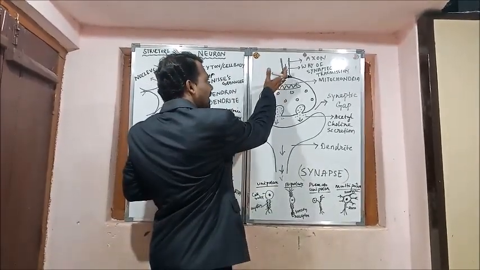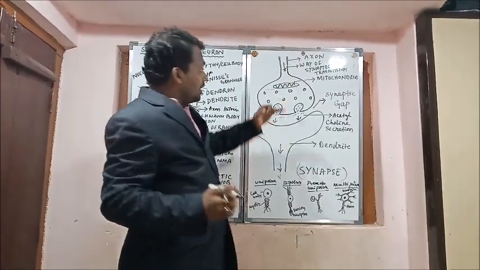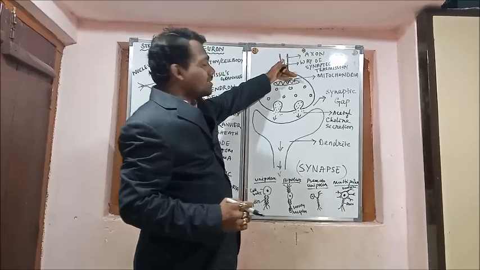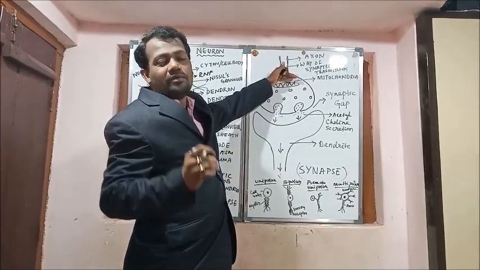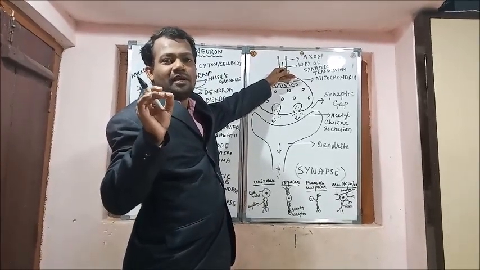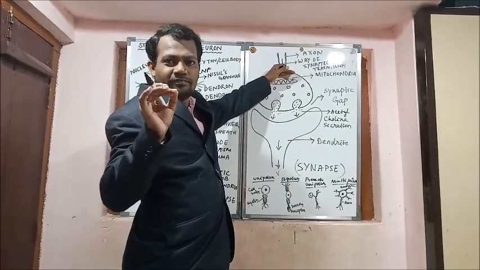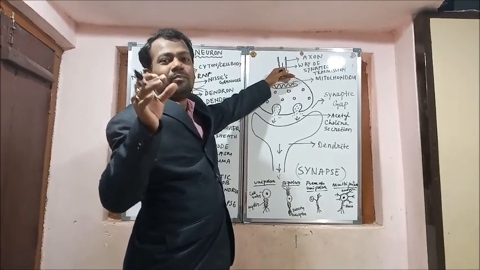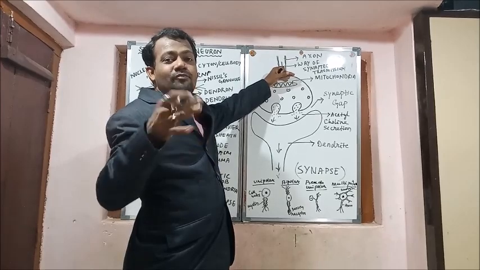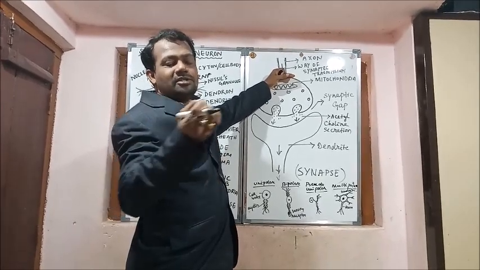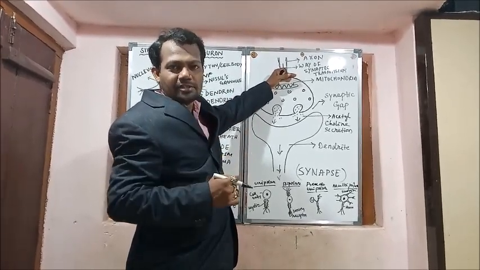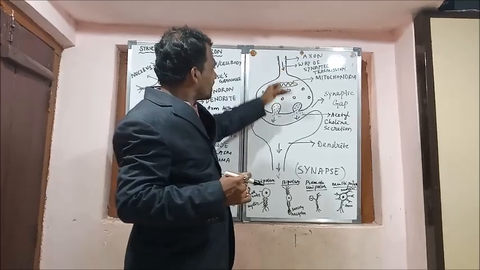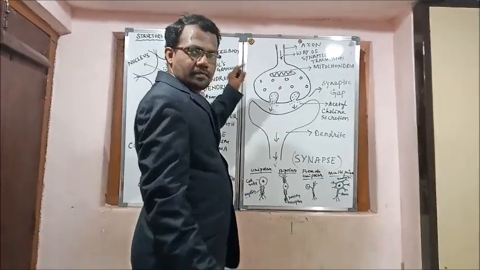Now, at the end of this, the mitochondria is here, and we know mitochondria is the structural and functional unit of energy. As you can say, it is the powerhouse of the cell, as it provides a large amount of energy to the cell for doing different activities. Okay.